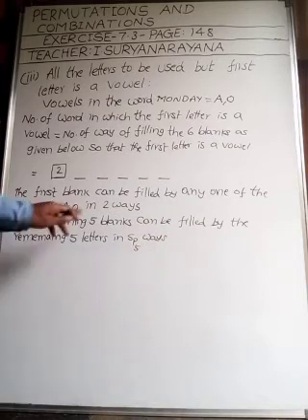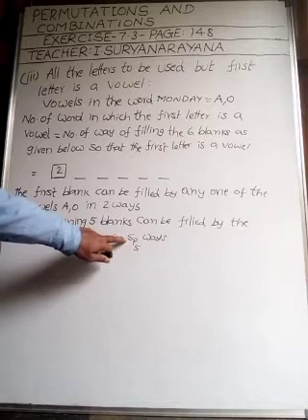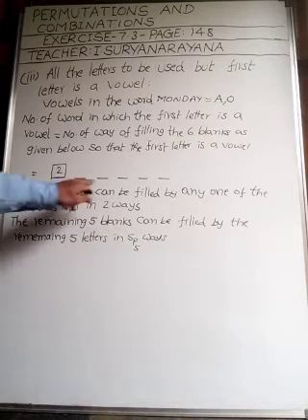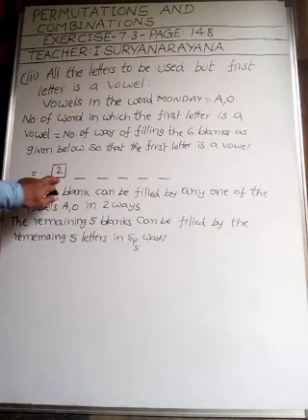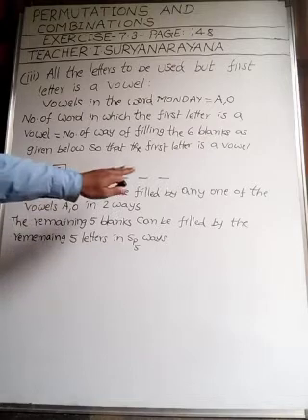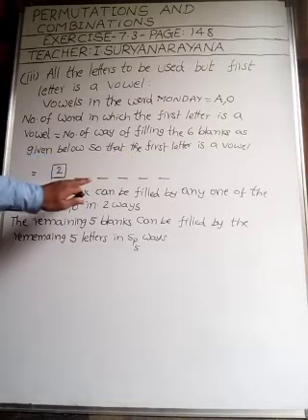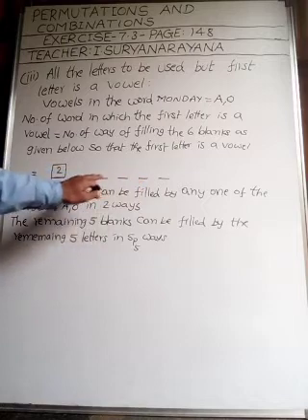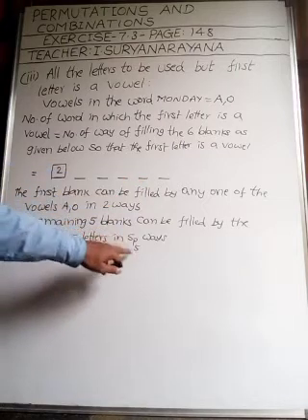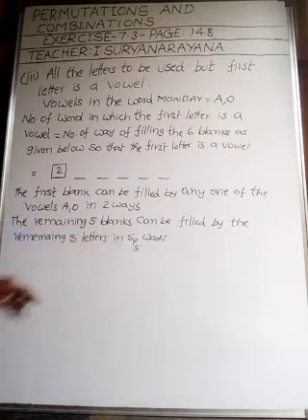Yes or no, my children? We have to fill these 5 blanks. We have to take all the 5 letters at a time. So 5P5. Understood this step, my children?